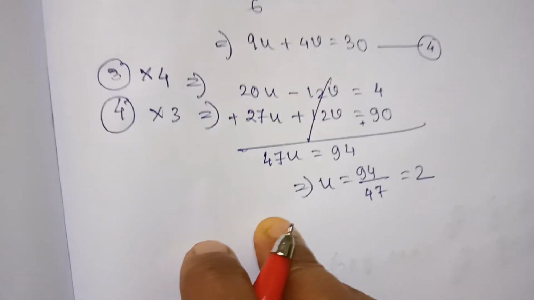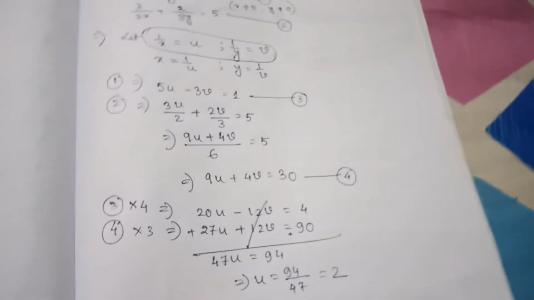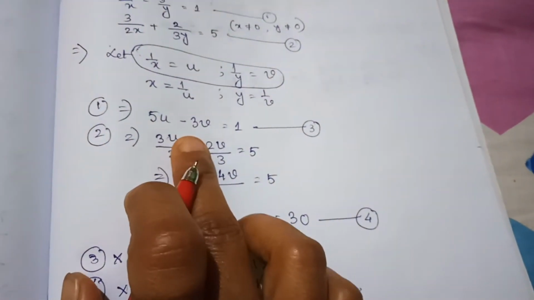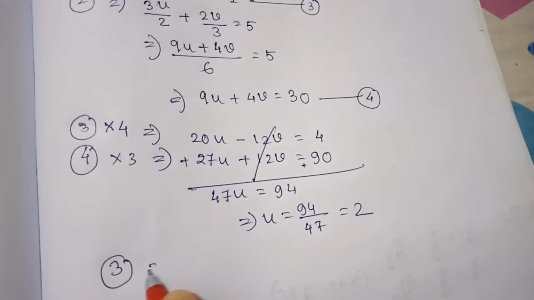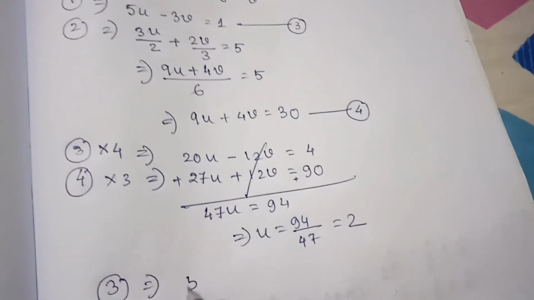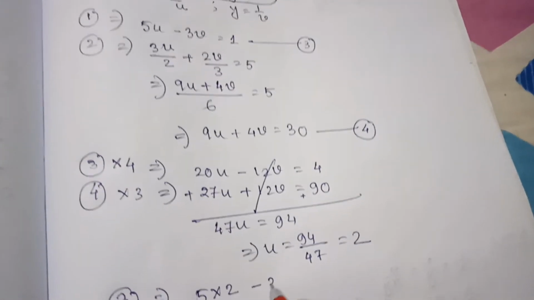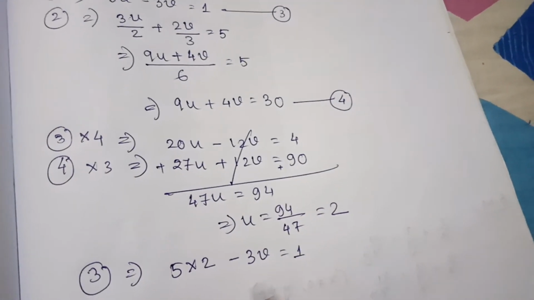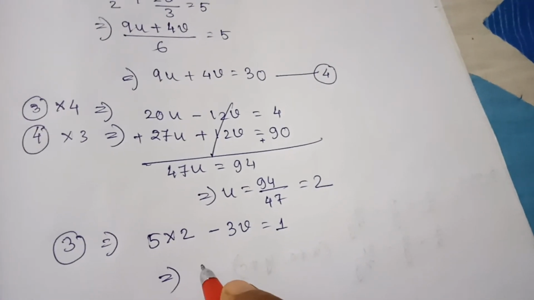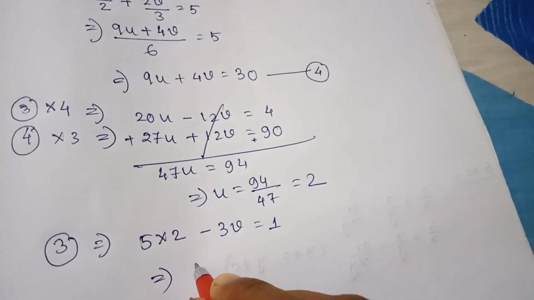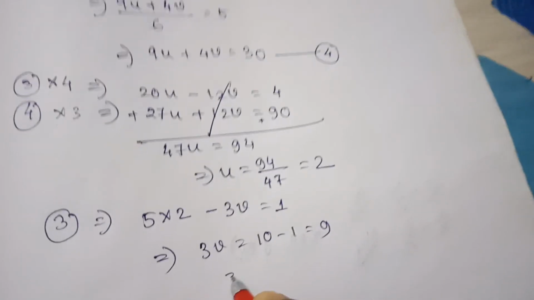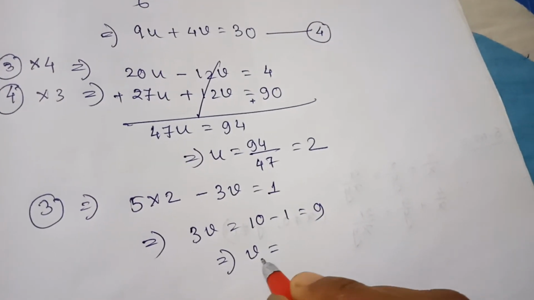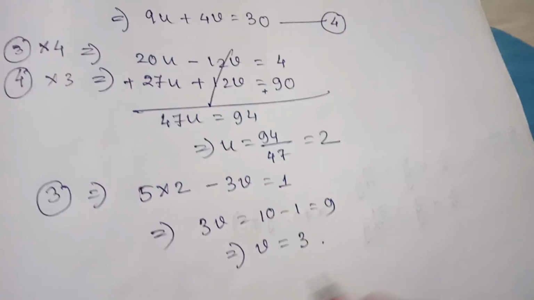If u equals to 2, then we can get the value of v also from 3. So from 3 we are getting 5 into 2 minus 3 into v equals to 1. So it's 3v equals to 10 minus 1 equals to 9. From this you can tell v equals to 3.